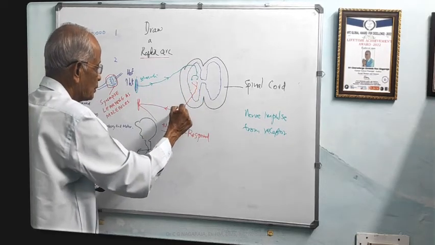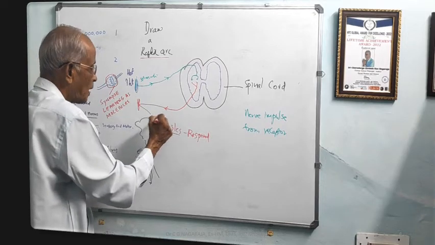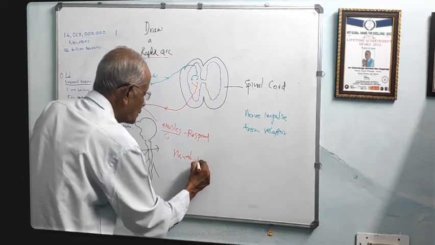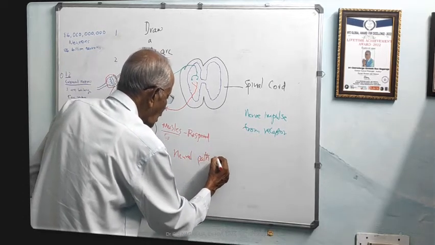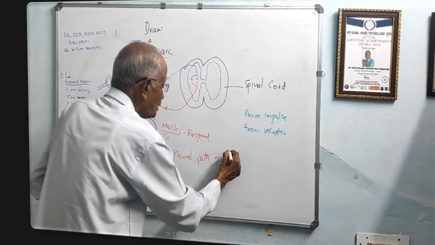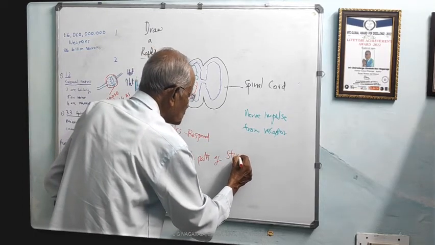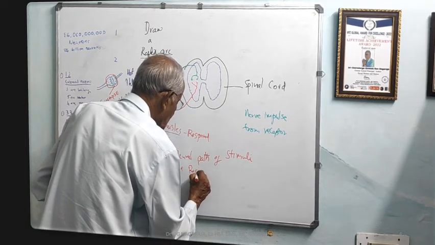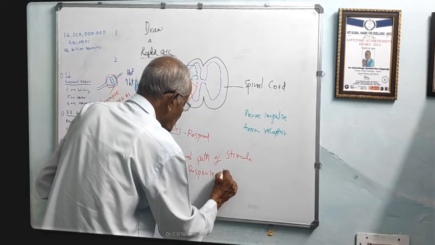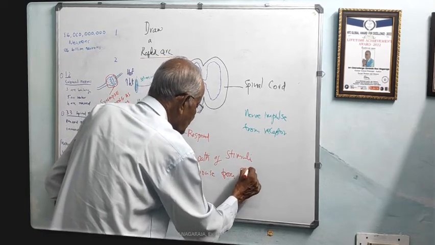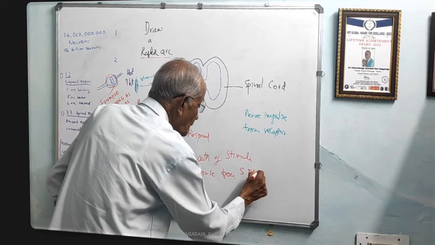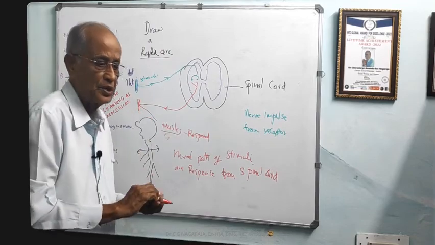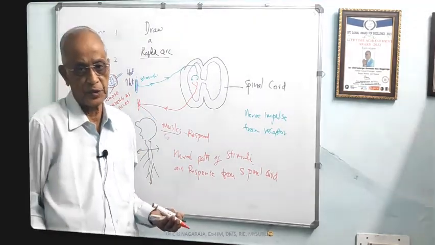From spinal cord you will get the message back, and this entire path is called the neural path of stimuli and response from spinal cord, and is known as reflex arc. Reflex action is when you remove your hand, that is the reflex action. I will stop here.